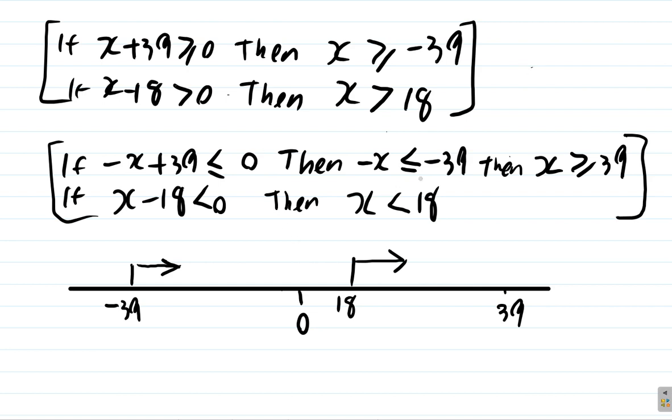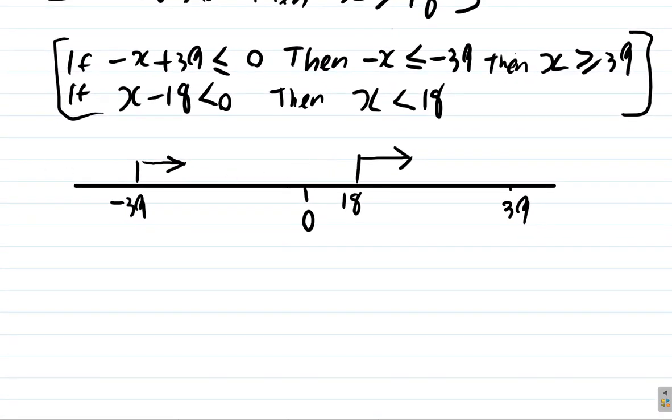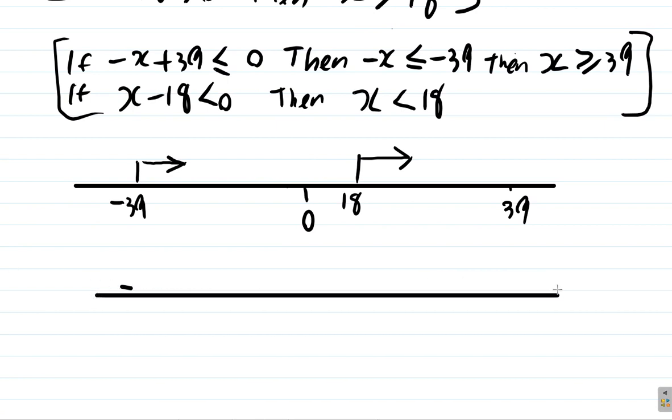Now, let's consider this one. x is greater than or equal to 39 and less than 18. Let's consider the second one and see if it would make sense. We have our 0. 39 is up here and 18 is here.